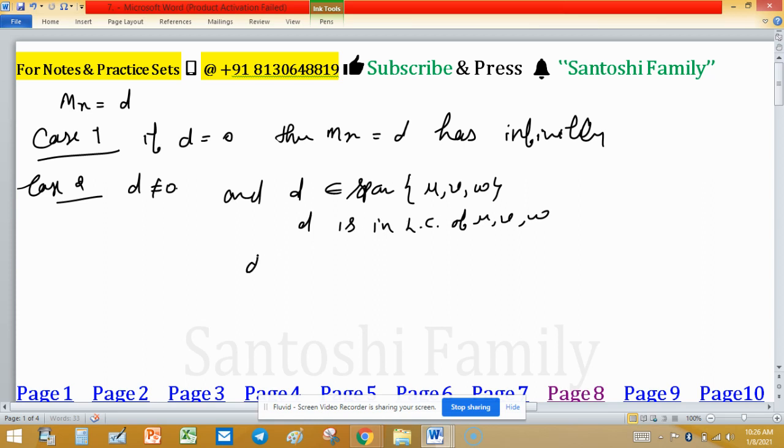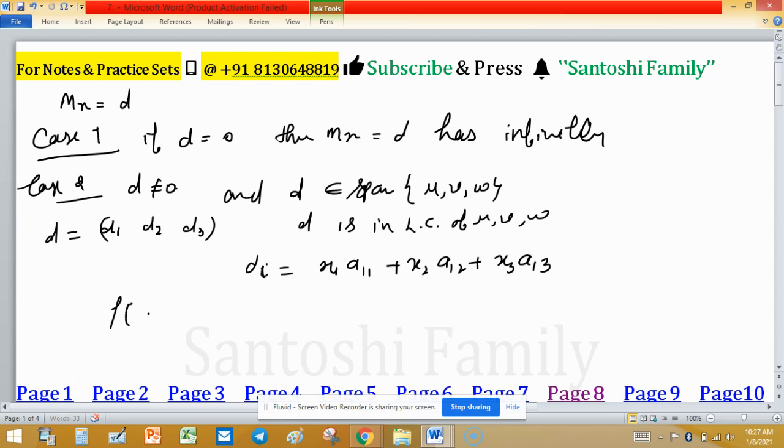Then d, with components d1, d2, d3, because matrix M is 3 by 3 so there will be 3 components, can be written as d1 equals x1 a11 plus x2 a12 plus x3 a13, and similarly for the others.